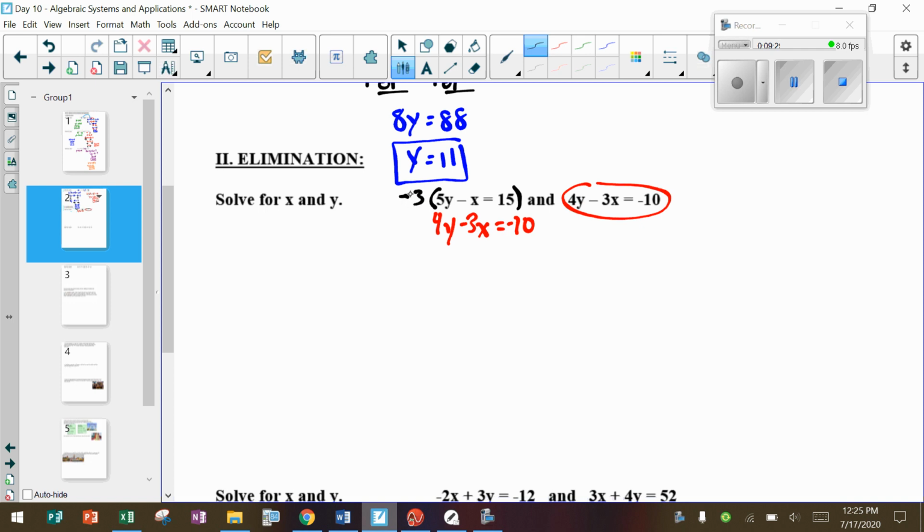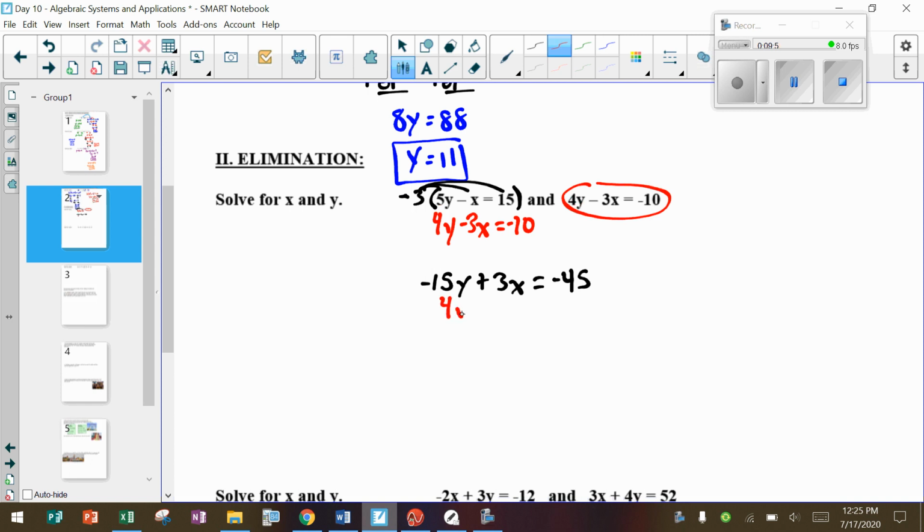And doing that will change that top equation, using the distributive property, to negative 15y plus 3x, and negative 3 times 15 is negative 45. So that changes how the numbers look and just made everything 3 times bigger.